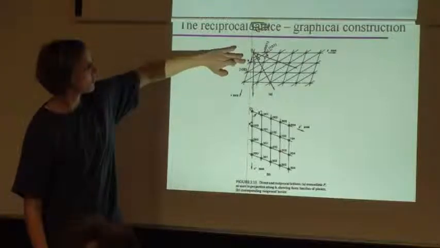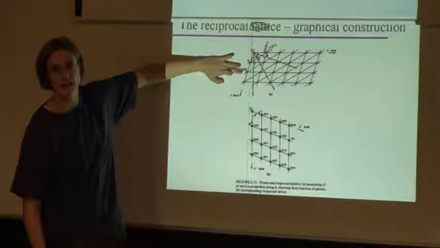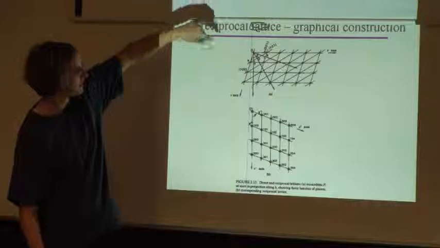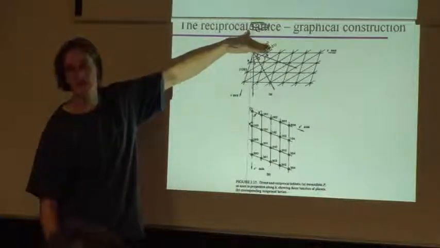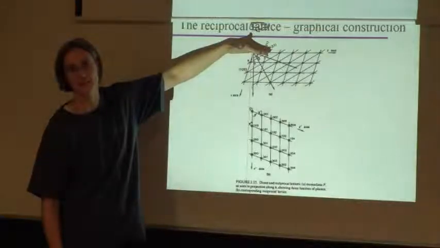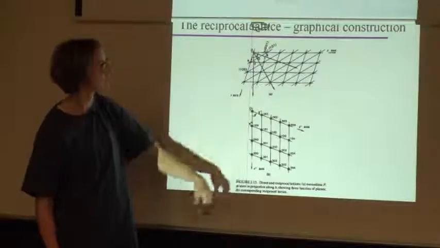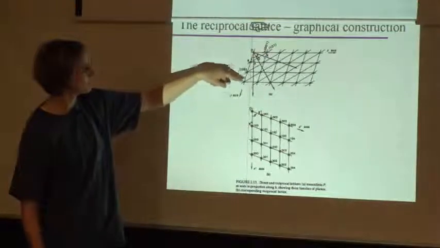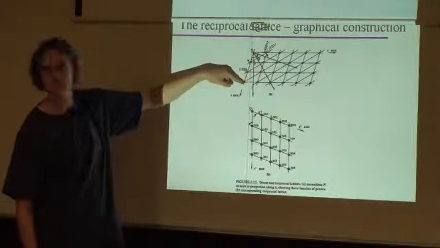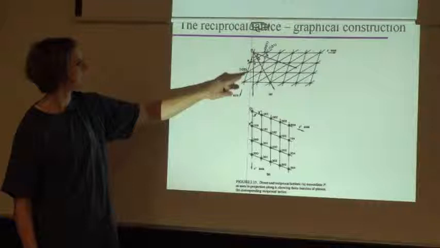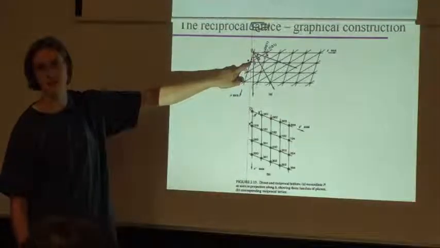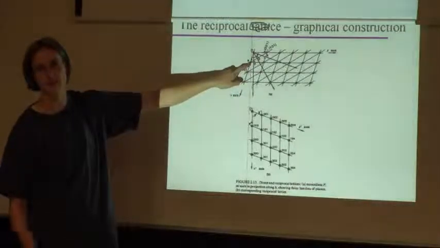So, my 100 family of planes has to be parallel to the B axis and parallel to the C axis, right? Or it wouldn't have these zero indices. It cannot cut them. Here's my family of planes. It cuts at one unit cell, so it's the 100 family of planes.